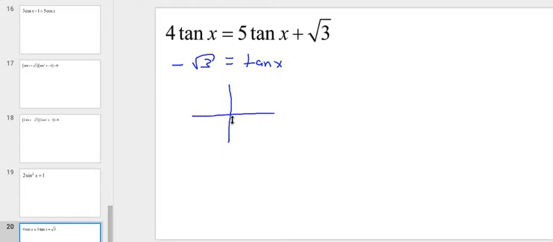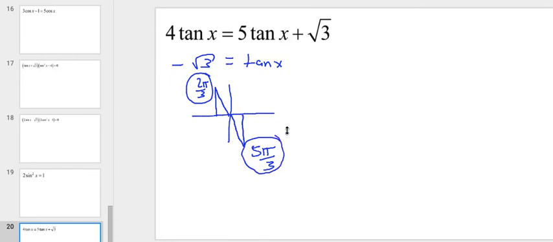Well, these would be the tall triangles, the pi over 3s, but it's negative in quadrants 4 and 2. So between 0 and 2 pi, there are going to be two answers. One of them is going to be 2 pi over 3, and the other is 5 pi over 3. So those are our two answers to this problem. And that's the last question.